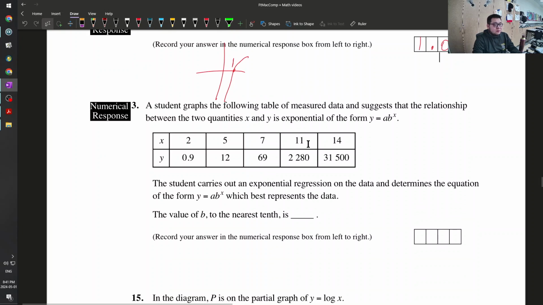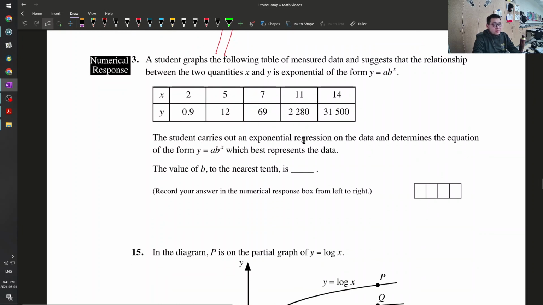A student graphs the following table of data that measures relationships in exponential form. Okay, so exponential regression, they want to calculate what B is.